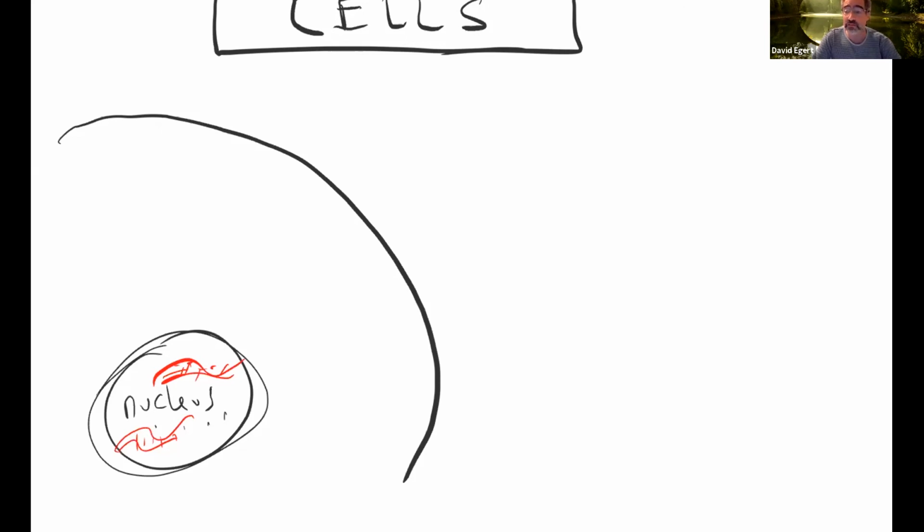So there's a lot of regulation of how the cell functions and what protein synthesis happens, which enzymes are getting made or not made. So the nucleus is really important, although in our class, we'll just refer to it every once in a while as necessary.